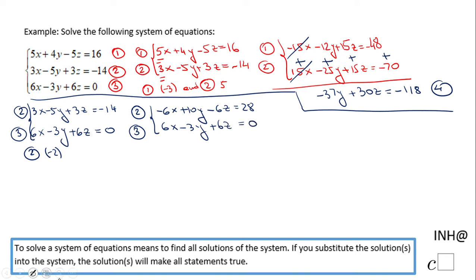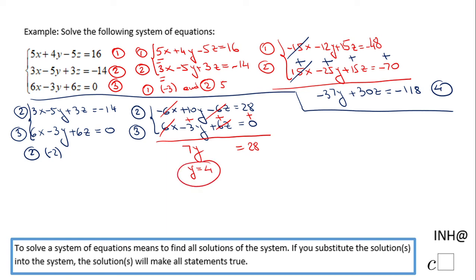And now you're going to see the reason I multiply by this negative 2 is because this guy cancels out, and then we have 10y plus negative 3y, that will be 7y. And oh, moreover, these two guys cancel out. I didn't expect that, but that's easy, great. And here we have 28. So divide by 7 now, and we have y of 4.